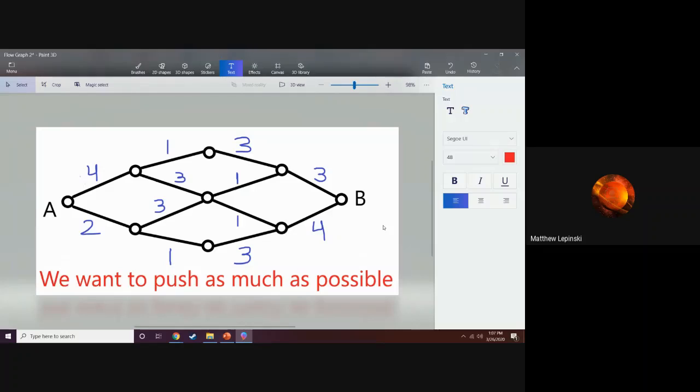It's related to min cut because if we want to push as much flow as possible, we're going to need to avoid bottlenecks as much as possible. Those bottlenecks will cause us problems if we're trying to push as much flow as possible. And min cut is a problem that's all about bottlenecks. So philosophically, maybe there's kind of a connection here.